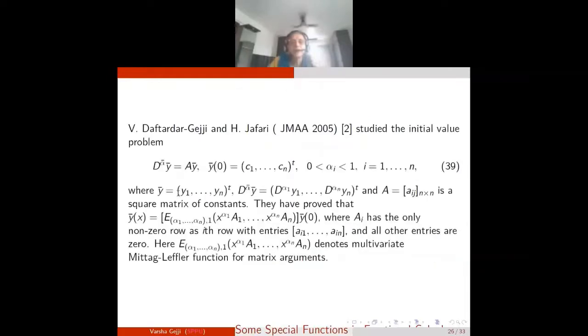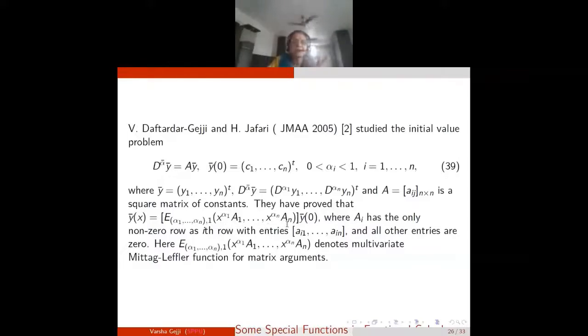So a very interesting observation is that for this linear system, because A is a real matrix, the solution is in terms of this E alpha 1, alpha 2, ..., alpha n, comma n, where the matrix arguments are x to the power alpha 1, A1. What is A1? A1 is nothing but take this A, keep the first row as it is, and all others 0. A2 is take A, keep the second row, put zeros everywhere else.